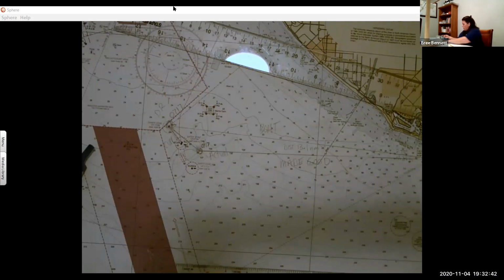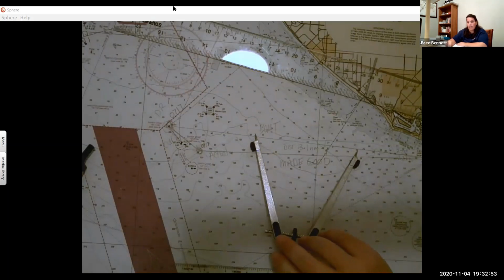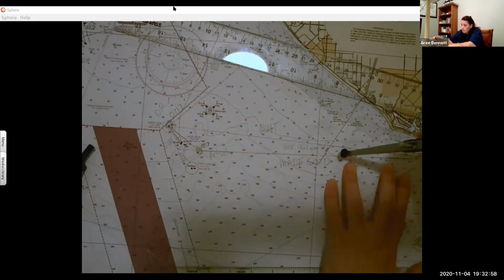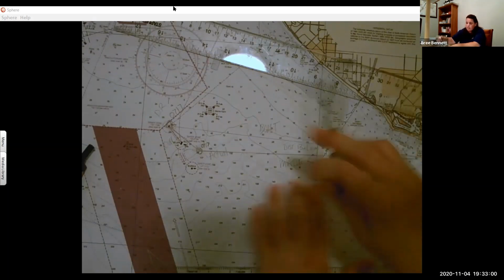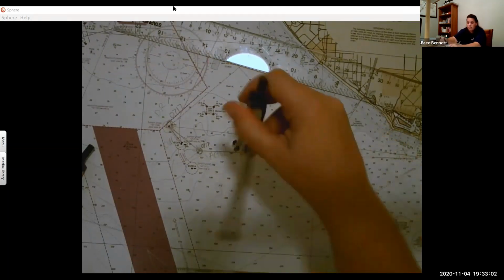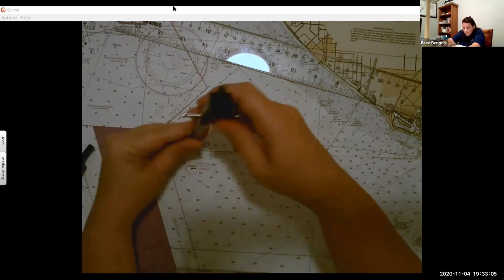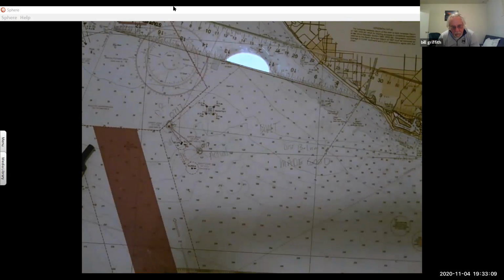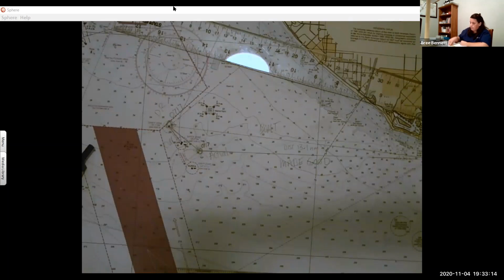And then I want to get my speed. So again, with speed, we can get our distance, then we have to convert it to speed on all points of our triangle. So I just set my dividers to 5 miles. We'll start here. 5, 10, 11.7.